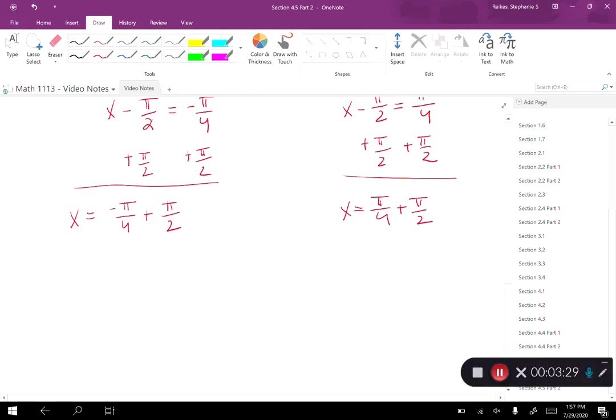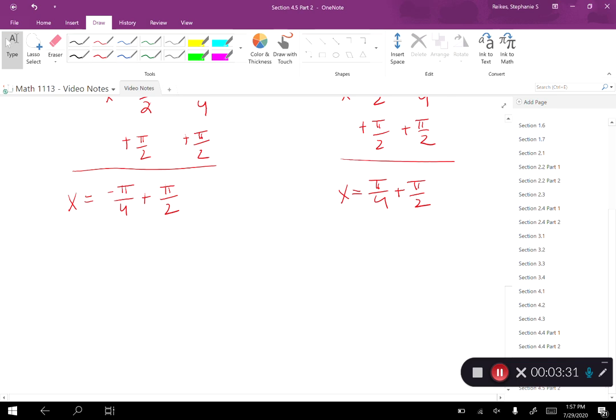And now I see I need a common denominator, which is going to be 4. So if I multiply the bottom by 2, I need to multiply the top by 2. And here I will have pi over 4. And over here I will have 3 pi over 4.